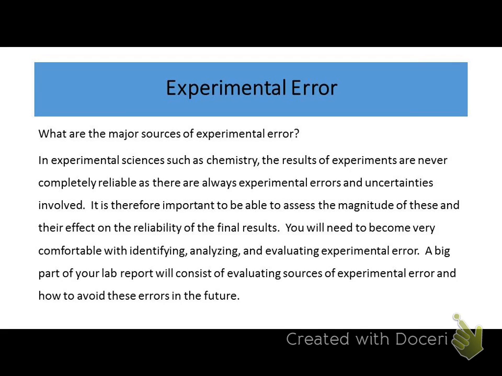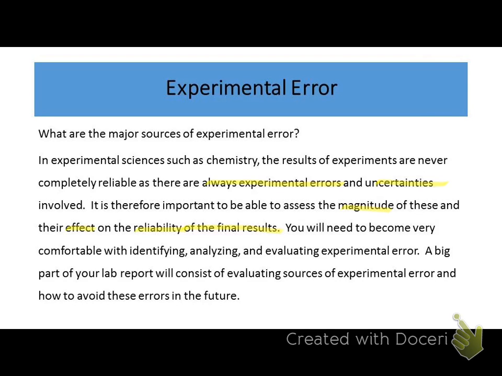I'm going to highlight a few things here. So first of all, you're always going to have experimental error. Let's use a highlighter. You're always going to have experimental errors and uncertainties in an experiment, and the magnitude is going to affect the reliability of the final results of your experiment.